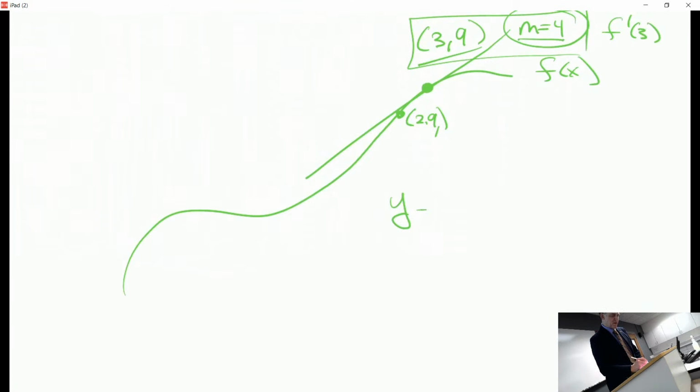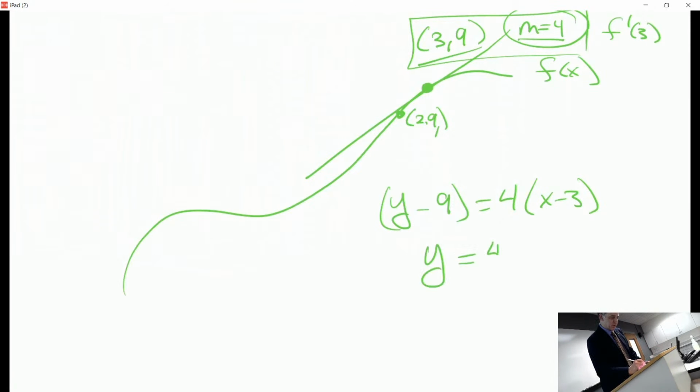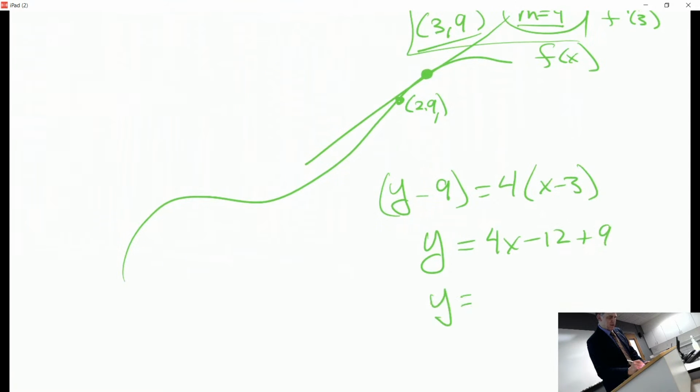I'm going to use the point slope form. Y minus 9 is equal to m times x minus 3. You can use the slope intercept form if you'd like. I don't care. So I get y is equal to 4x minus 12 plus 9. So y is equal to 4x minus 3. So that is this tangent line.